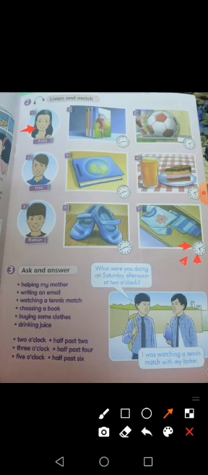I was buying some new pajamas. So 4 with F, okay? Abla also was in the clothes shop with her mom. She was buying some new pajamas at 10 past 5. So the next one.